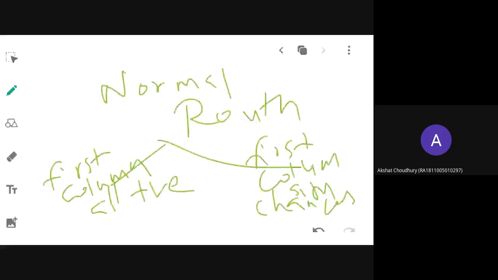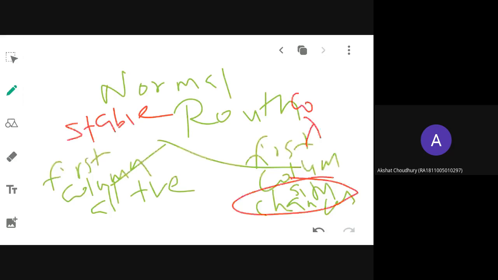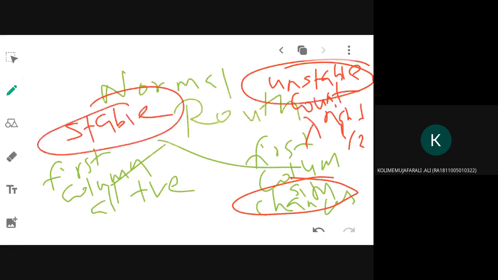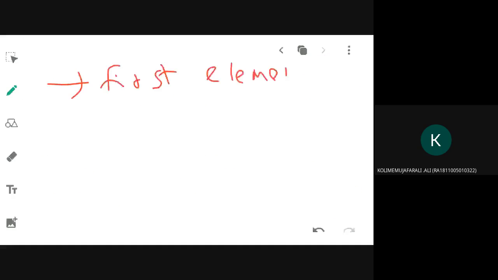Suppose there are sign changes, then you count how many sign changes there are. Depending upon that, roots may be located in the right half. So the system will be what? Sign change means immediately you should tell that the system is unstable. Then the second case, suppose you have the first element alone 0, what will you do?